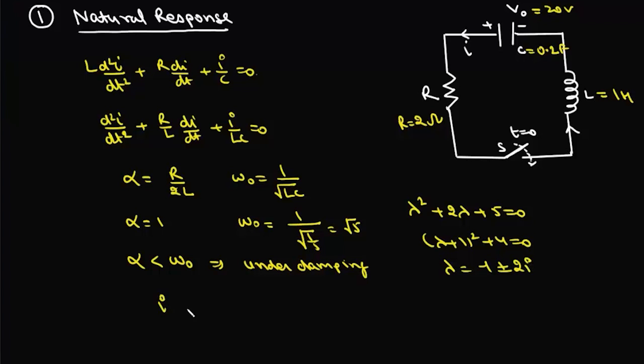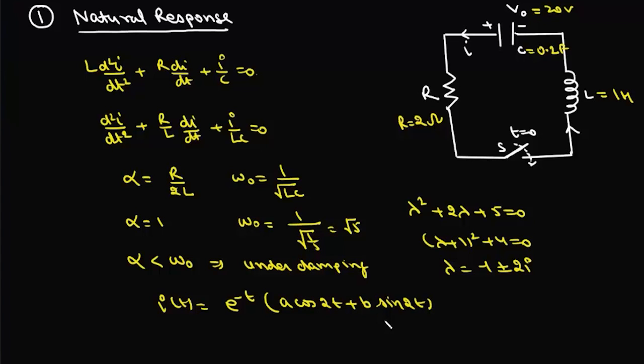So we can simply write I(t) will be e to the power minus t, A cos 2t plus B sin 2t. So the current in this circuit will be e to the power minus t, A cos 2t plus B sin 2t.